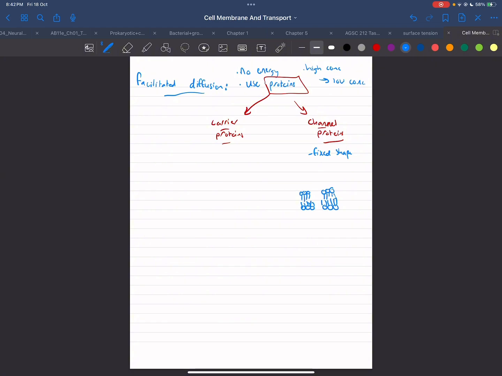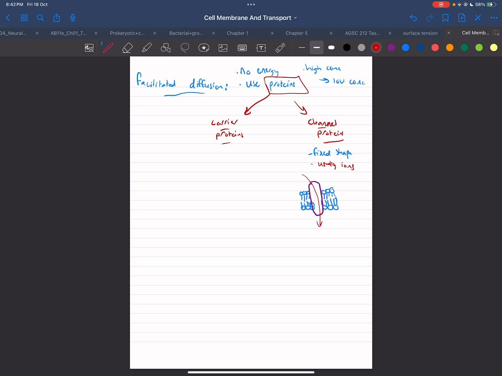I can have a big channel protein, it has a fixed shape, and this allows hydrophilic molecules to pass through. Why? Because they're not going to interact with the hydrophobic region anymore. They're passing through the channel protein. So this fixed shape allows them to transport specific charged particles, usually ions.